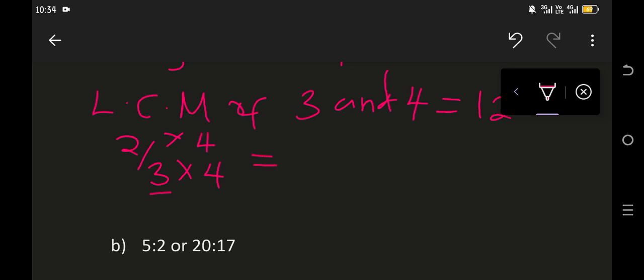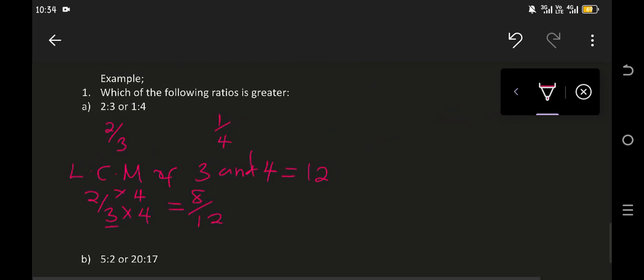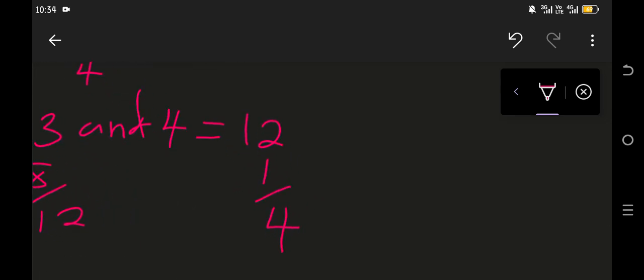So that you have 2 times 4 is 8, 3 times 4 is 12. And then you leave it there. The next one was 1 over 4. Which number will you multiply by 4 to get 12? That will be 3. So you'll take 4 times 3 in the denominator, and you will take 1 times 3 in the numerator. That will be 3 over 12.